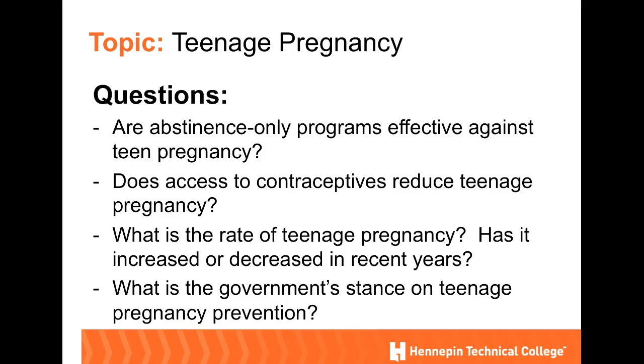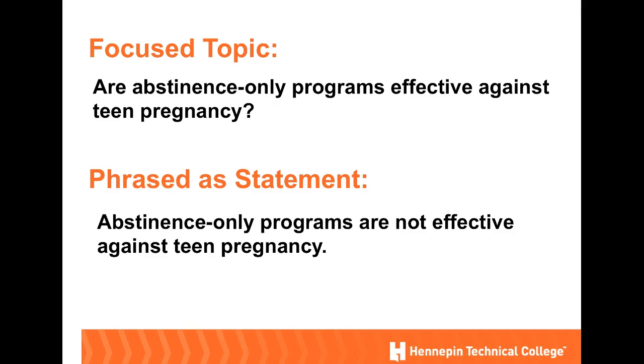So looking at these questions, I can come up with a focus topic that is narrower than the broad topic of just teenage pregnancy, but it is not so narrow that I'm going to find a yes or no answer or just a specific set of data. So my question, the focus topic here: are abstinence-only programs effective against teenage pregnancy?